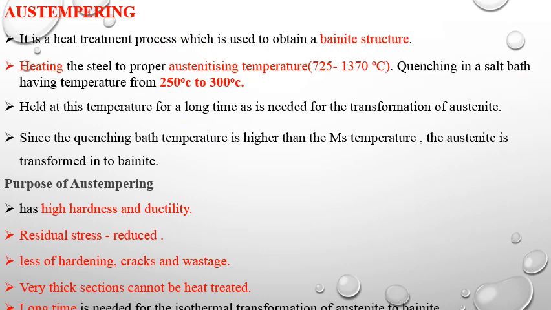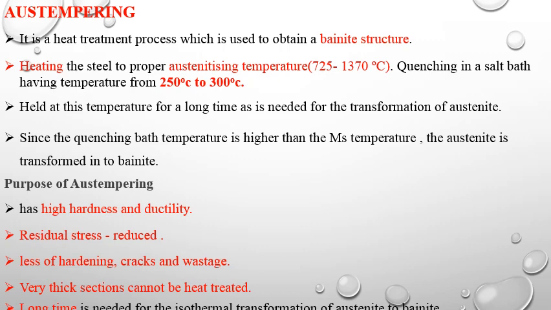Austempering is also a treatment process to obtain a bainite structure, heating the steel to the austenitizing temperature, which is 725 to 1370 degrees centigrade, and holding at the temperature for the long time needed for transformation.